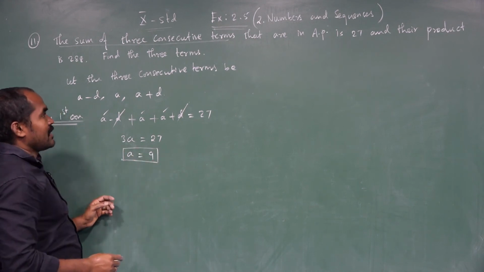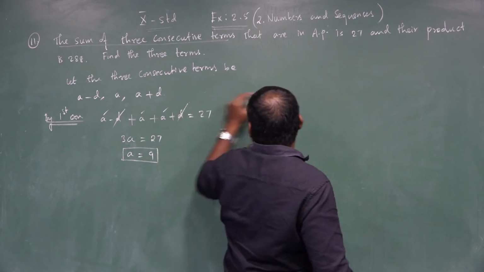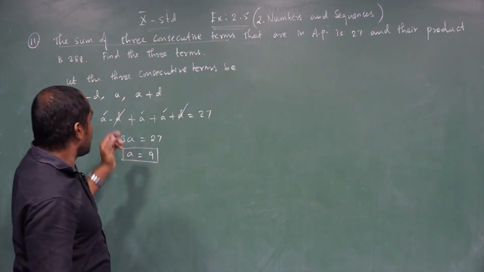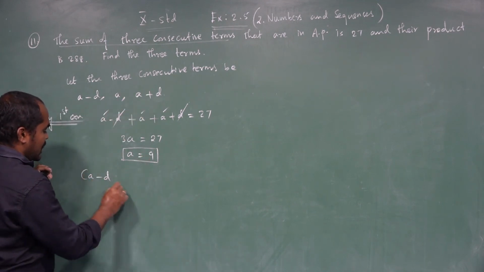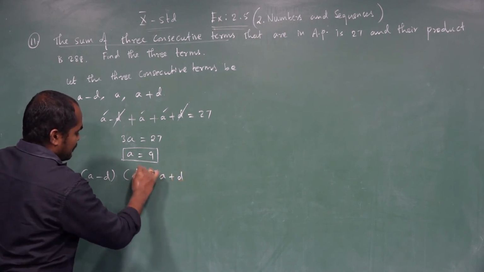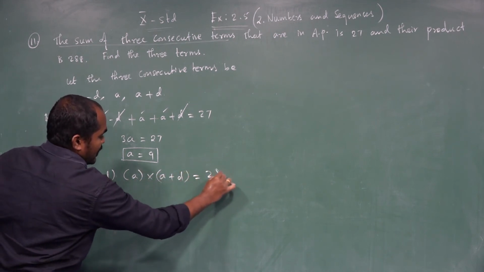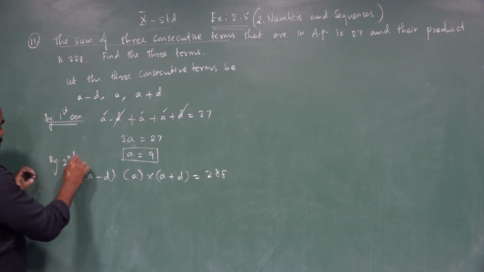So what's our second condition? Their product is 288. That means A minus D into A into A plus D equals 288. This is my second condition.